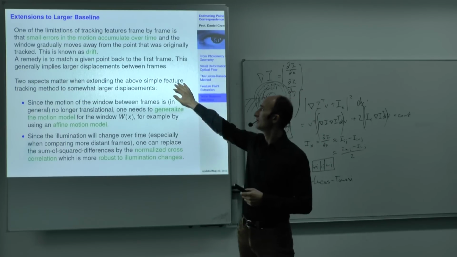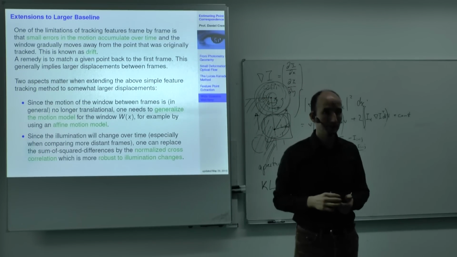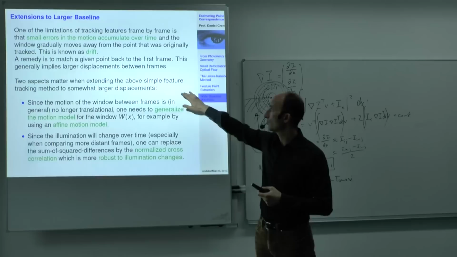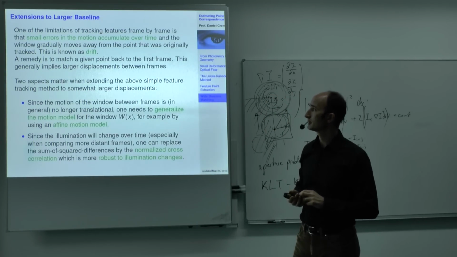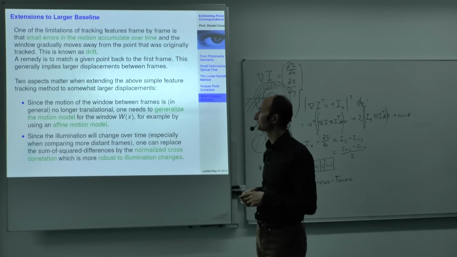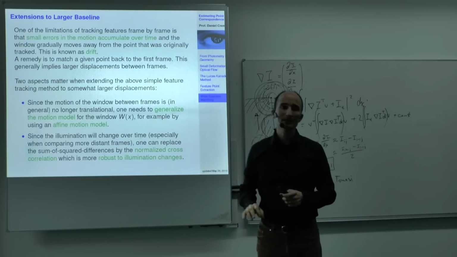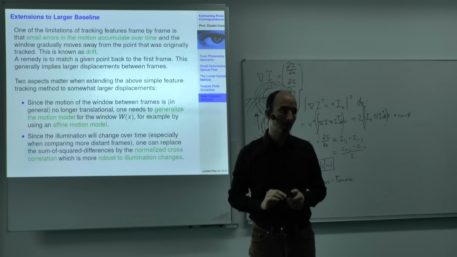Once you want to extend that feature tracker that I just showed you, the KLT Tracker, to the large displacement case, to the wide baseline case, there are 2 aspects that are important. First of all, when you have large displacements, the assumption that the whole window did a translation is no longer valid, right?